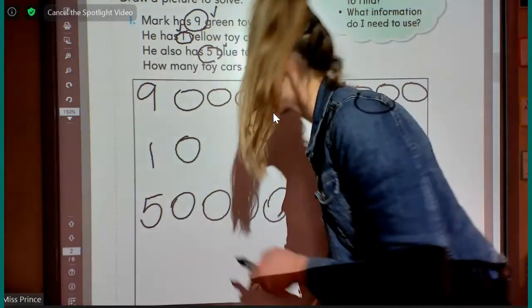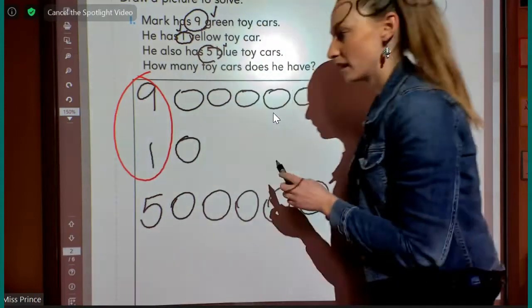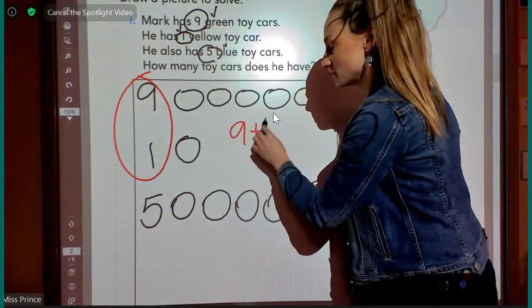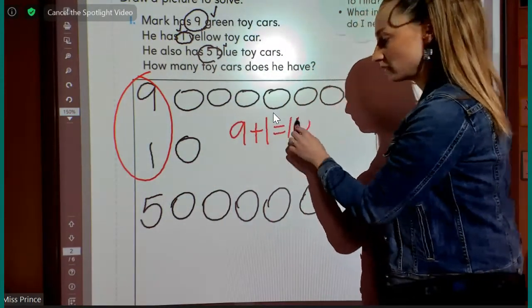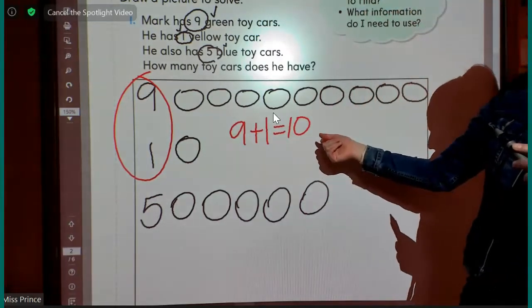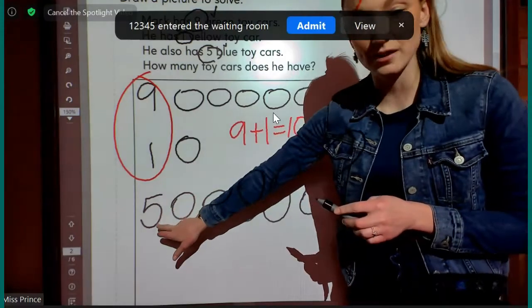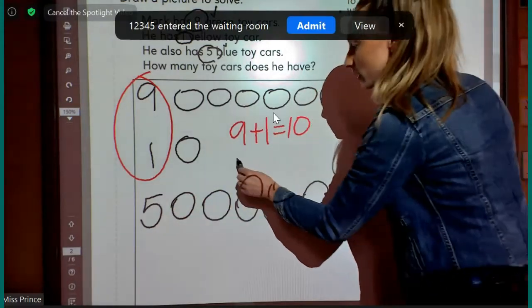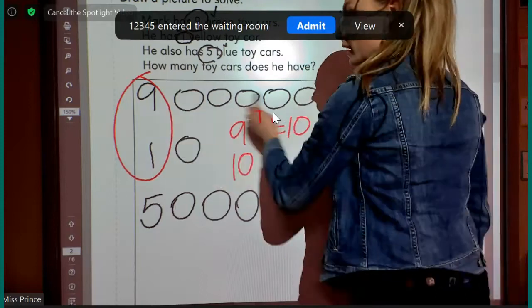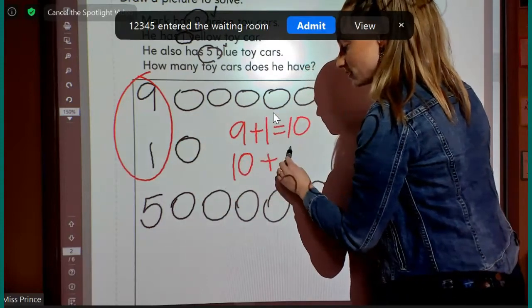Okay, so we're going to take these 2 numbers and we're going to say 9 plus 1 equals 10. We just made a 10. So we've taken care of these. So now we need to add 5 more. So we have 10 from here plus 5.